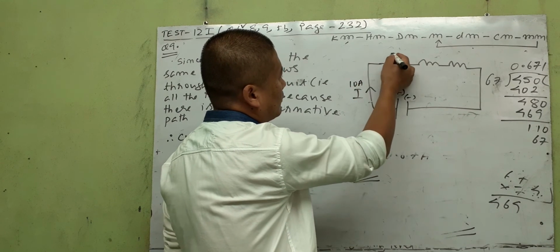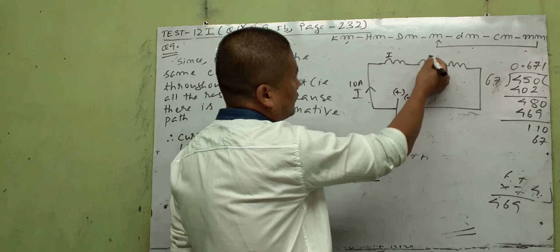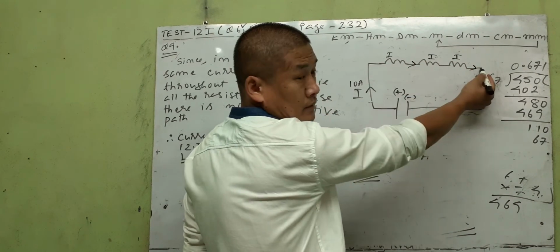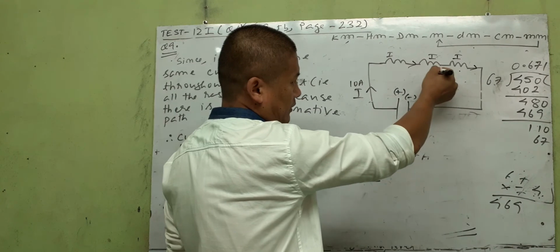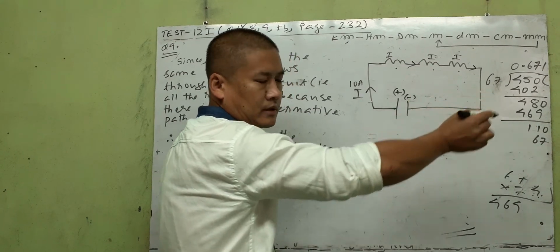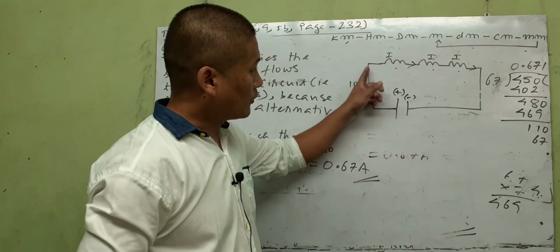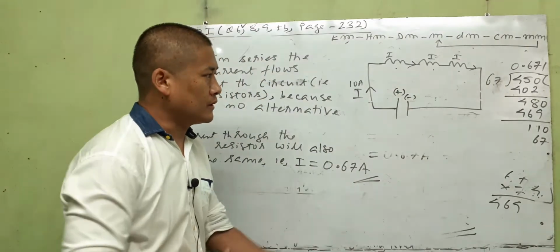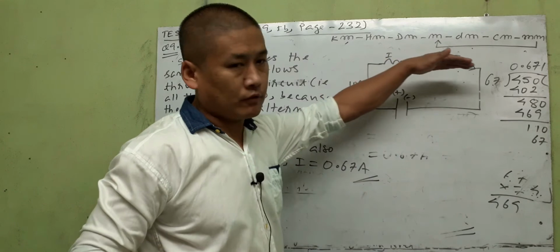Then all that 10 ampere will flow through the same path, because there's only one path. So 12 ohm here, 2 ohm, 3 ohm. In series, the total current will flow through all the resistors, because there is no additional path. There is only one path or road.